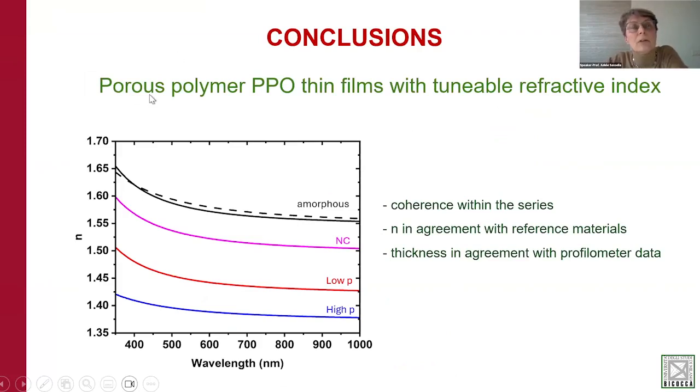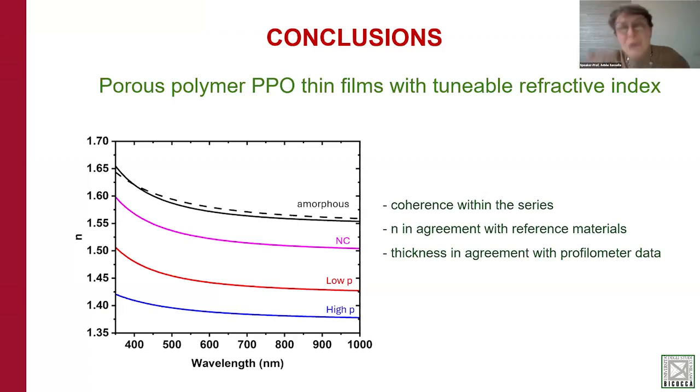So we succeeded, in my opinion, to treat such complex films, demonstrating how the solvent-assisted crystallization of amorphous PPO film can give rise to a tunable refractive index, just by tuning the process, the synthesis from the amorphous PPO to this nanoporous, macroporous.